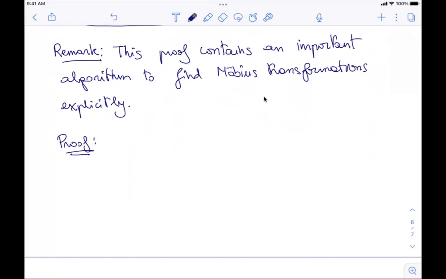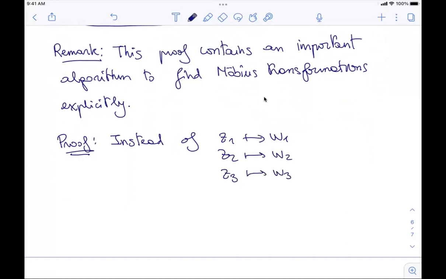Now, the key idea in this proof is to not try to do the full generality all at once. Okay, instead of mapping Z1 to W1, Z2 to W2, Z3 to W3, let's start with a particular case.